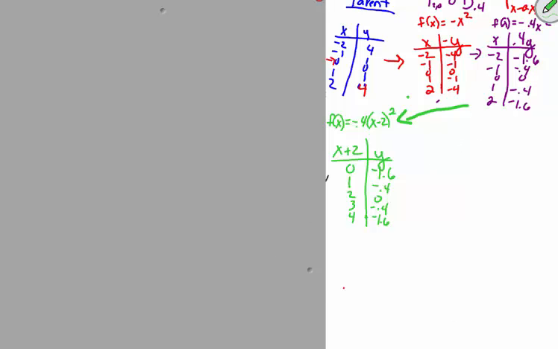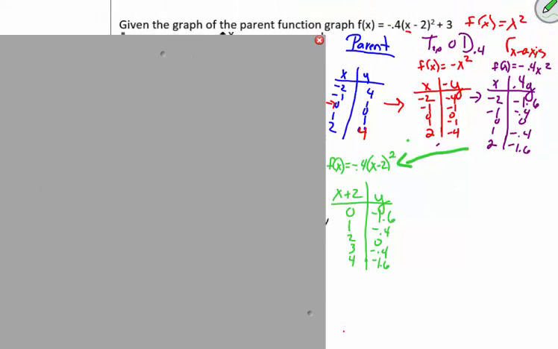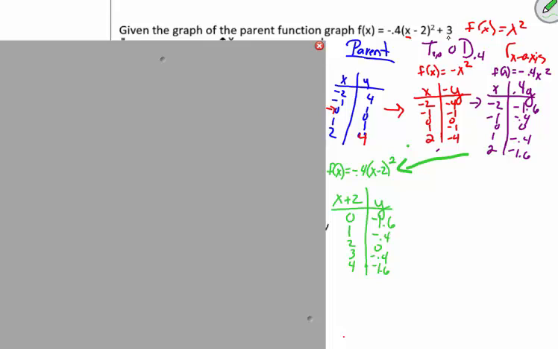Now last but not least is the vertical translation of up 3. So this would be like f of x. We've already got all of this, negative 0.4 times x minus 2 squared, but now we're adding the plus 3. So since we're using this table, the only thing we have to think about is that vertical shift right there.